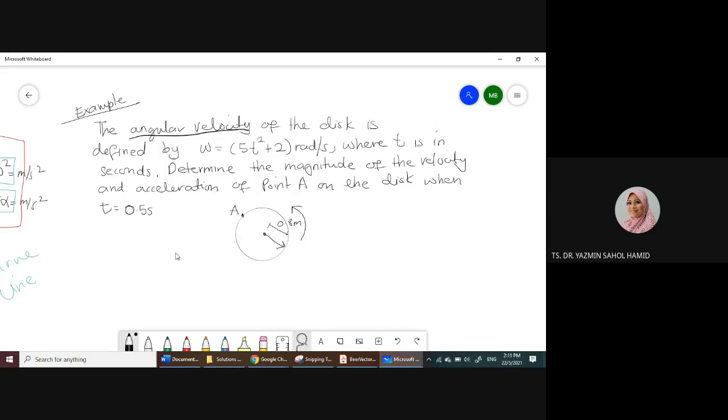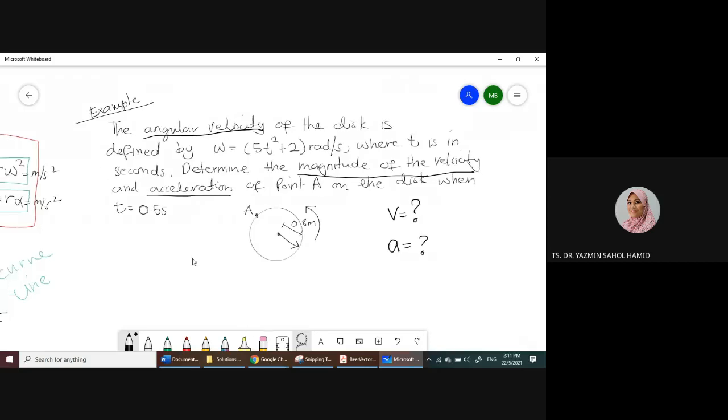Determine the magnitude of the velocity and the acceleration of point A. When you read this question, it wants us to find what is V and what is A, when t equals 0.5 second.